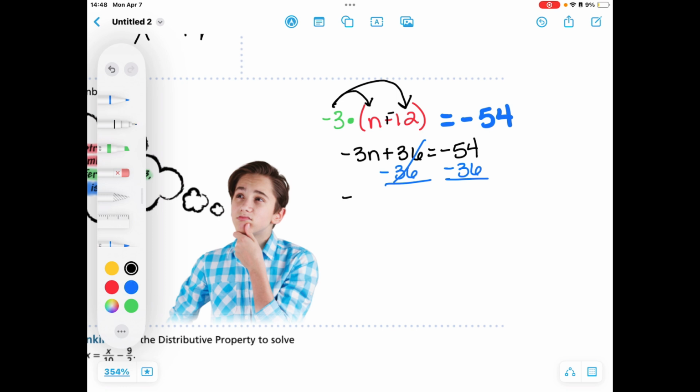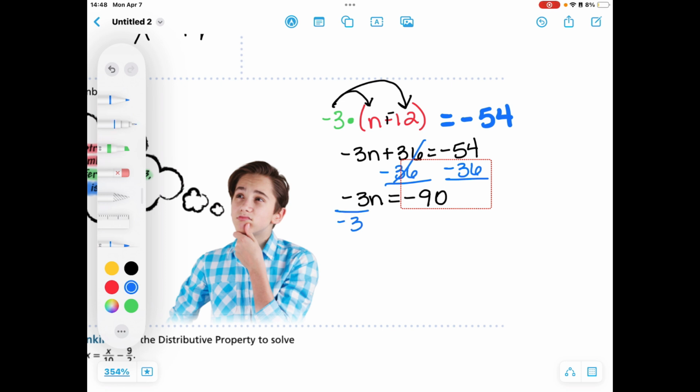Those will cancel, leaving you with that negative 3n equals. Now if you need a calculator to figure out what that is going to be, negative 54 minus 36 is a negative 90.